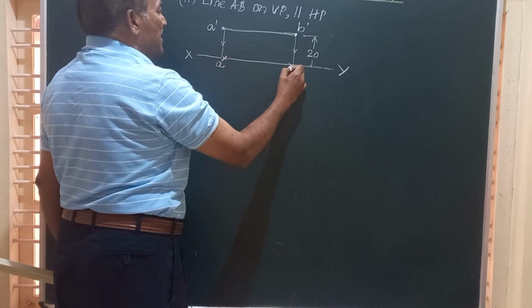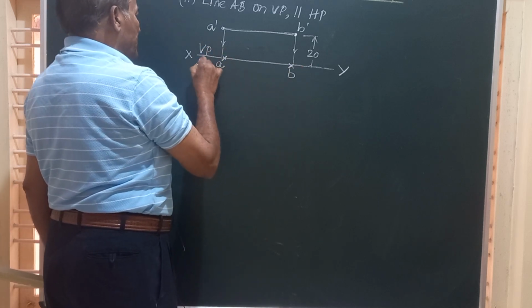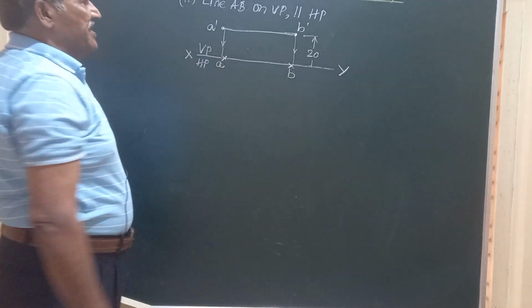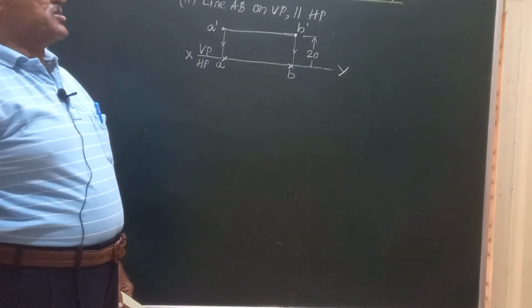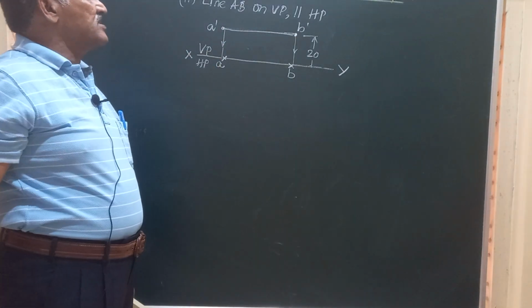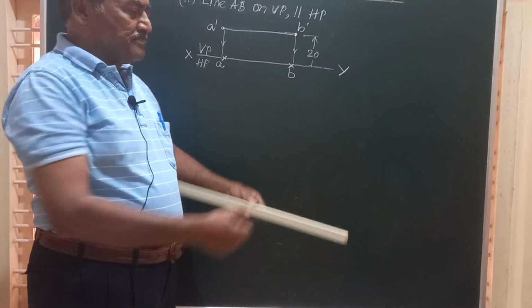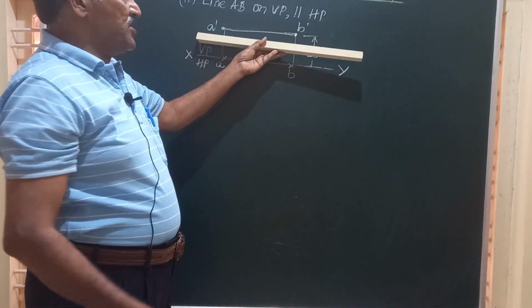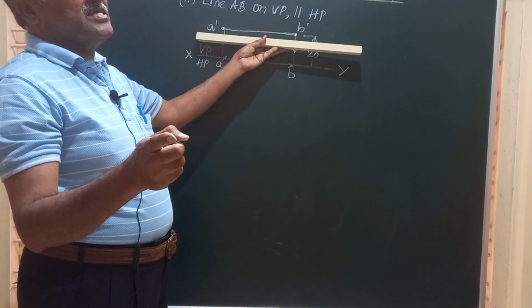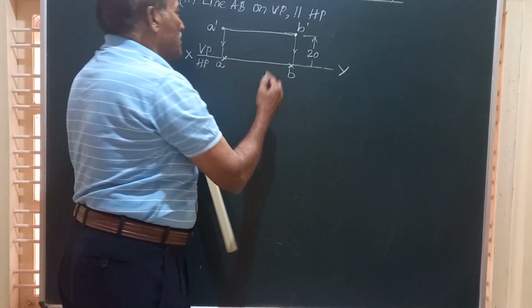This point is A and this point is B, and compulsorily you have to mark VP by HP, indicating the first angle projection. So friends, we can generalize that whenever a line is on VP and it is parallel to HP, it is seen in its true length in the front view and also in the top view.